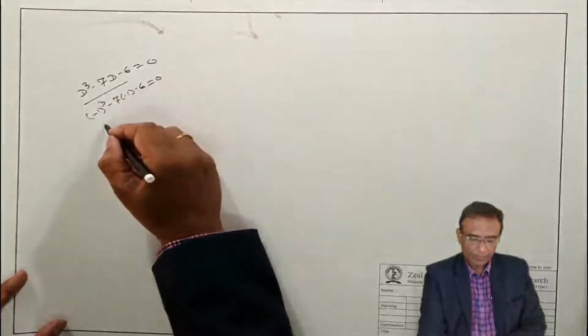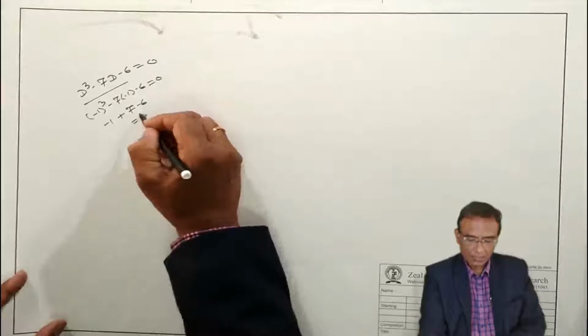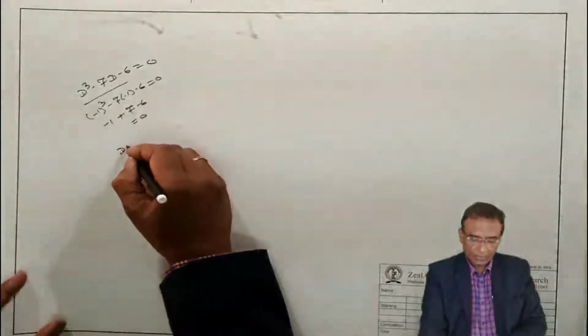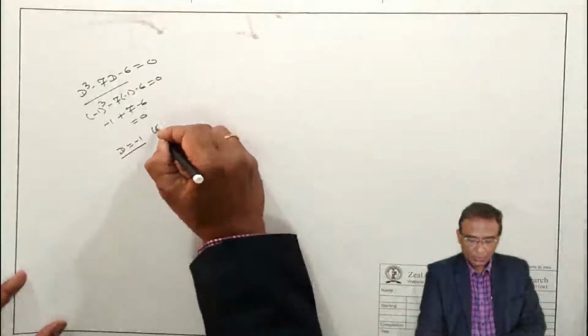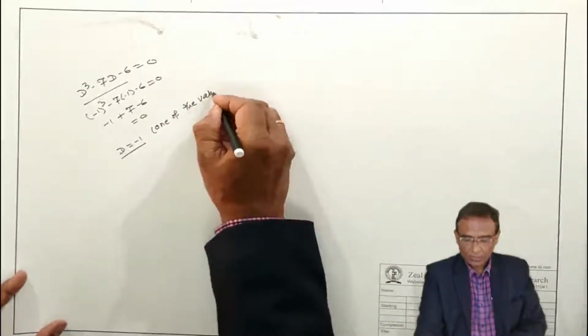Minus 1 plus 7 minus 6 is 0. Therefore, D equal to minus 1 is one of the values.